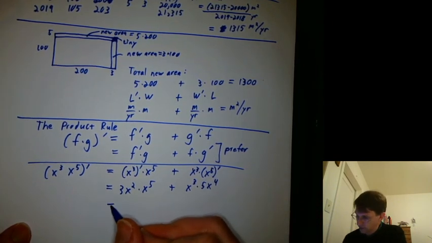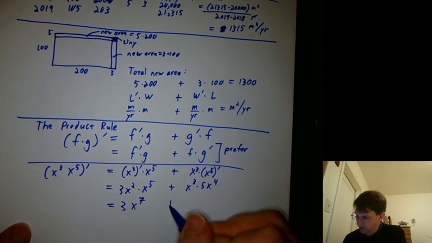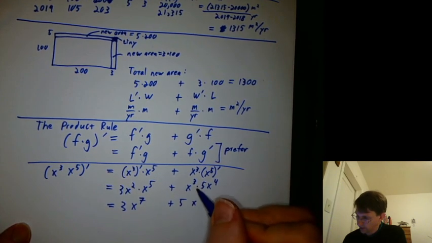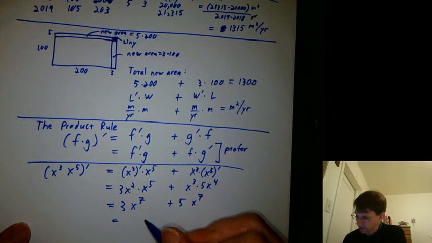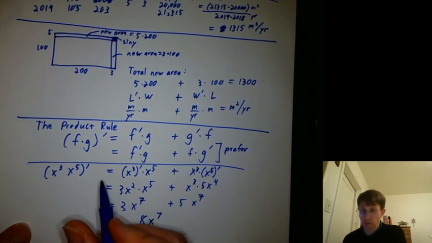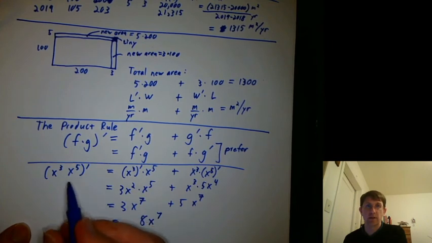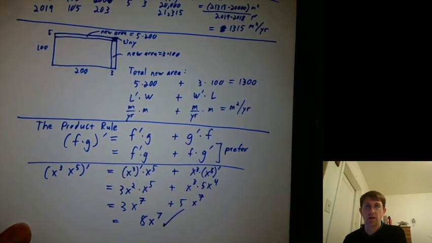And usually I don't want to simplify, but in this case I will. This is 3x to the 7th. This is 5x to the 3 plus 4, which is 7. So altogether we can group like terms here, we get 8x to the 7th, which is what we saw on the other page is actually the derivative of x to the 8th. So our product rule worked out. Phew!